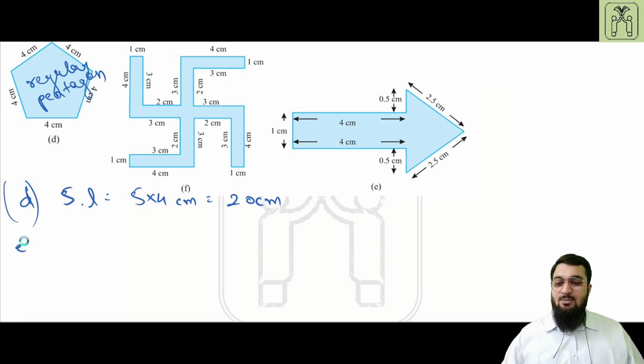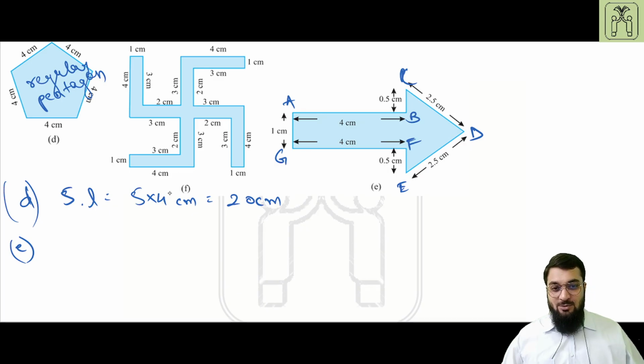After that, we will come to E. It is a combination of, okay, rather than doing a combination, we'll just add them up. So starting from here, we will do A, B, C, D, E, F, G, and therefore it will be AB plus BC plus CD plus DE plus EF plus FG plus GA.